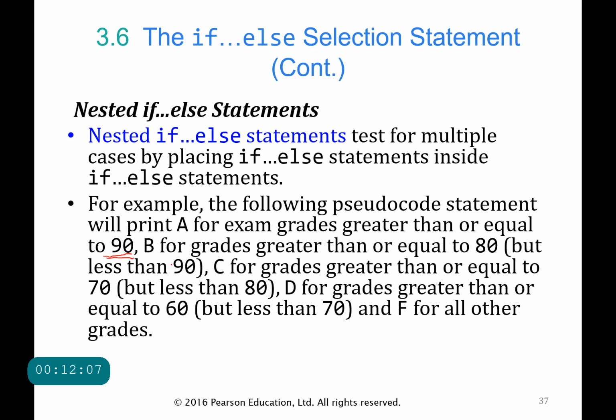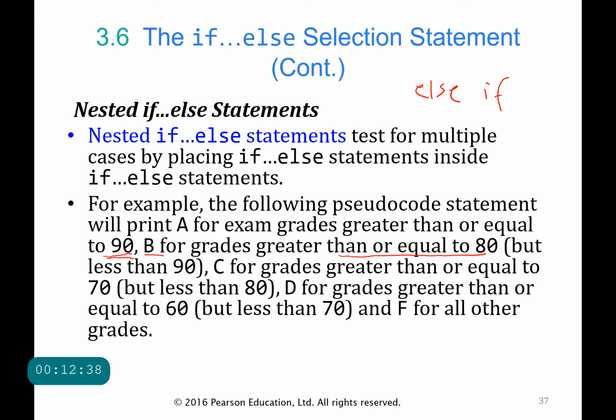Otherwise, if the grade is not greater than or equal to 90 but is still greater than or equal to 80, right? So if it's not greater than or equal to 90, then it has to be less than 90, and within that, else if it's greater than or equal to 80, then you want to print the B grade.